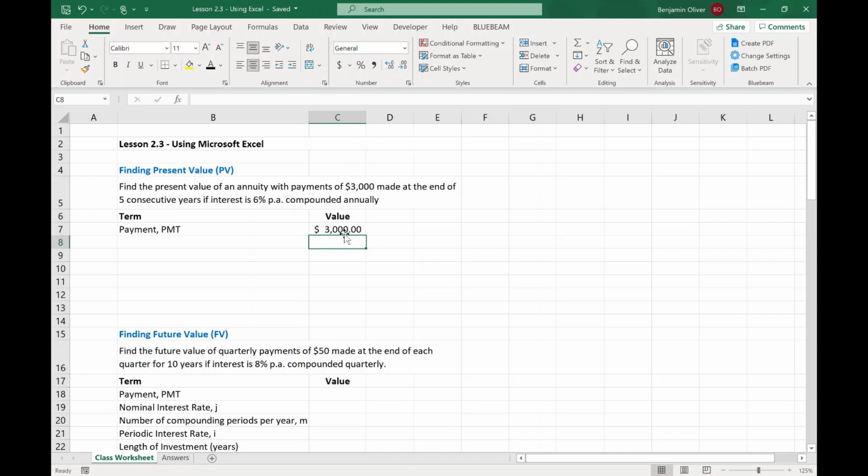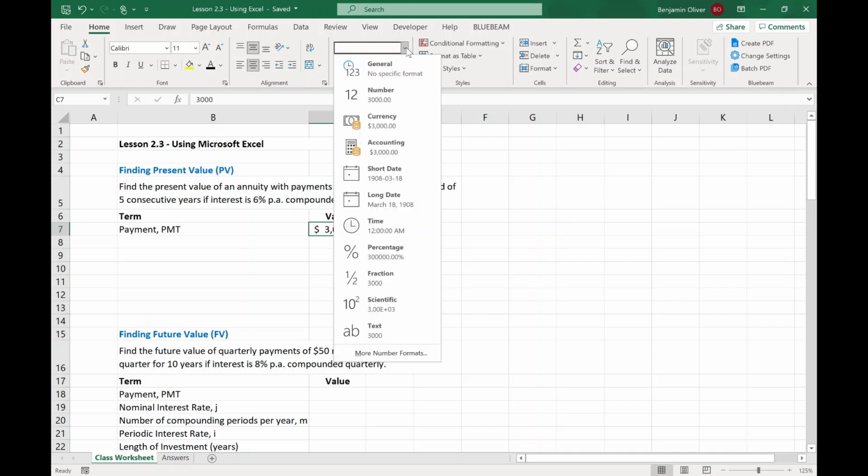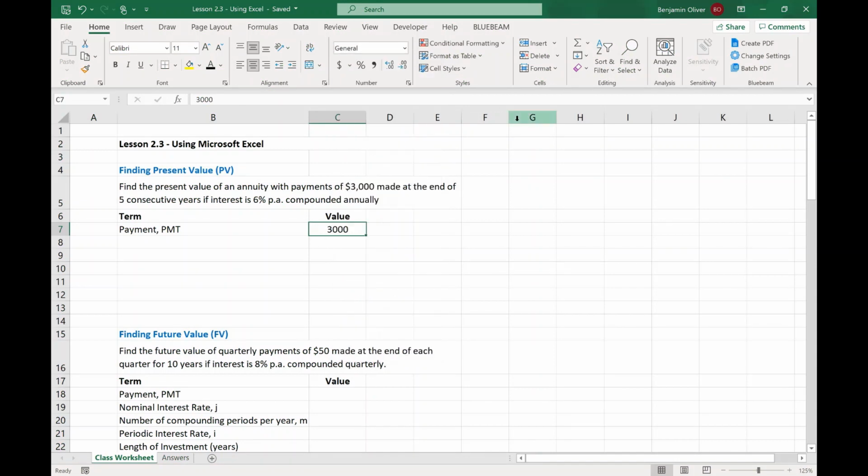Before we go to our next value, I just want to describe a couple things here. So in my spreadsheet, it came up as $3,000. Okay, again, with the dollar sign and having dollars and cents. And that was because I had it set up that way. If you didn't, remember, if you go back up here to where it says number and you click the drop down menu, it's going to come up as general here where it says no specific format.